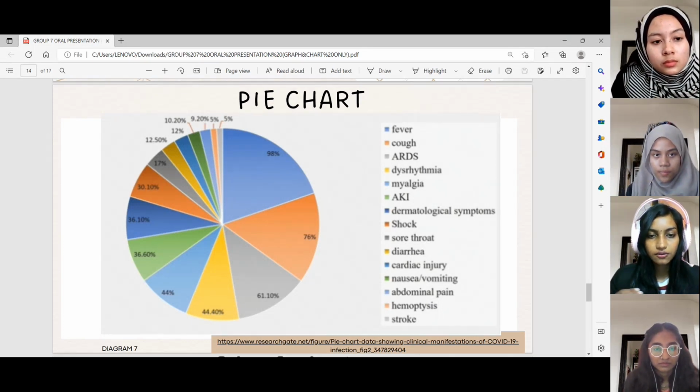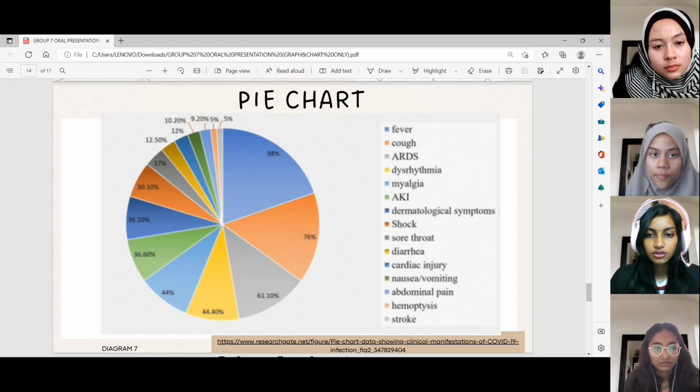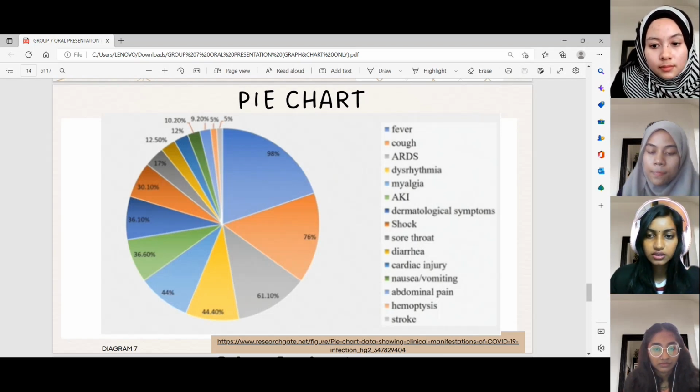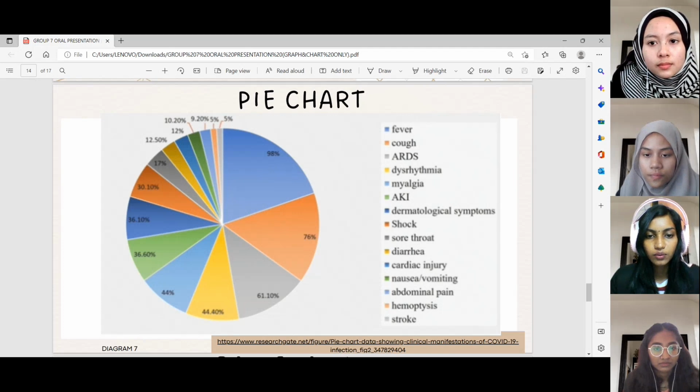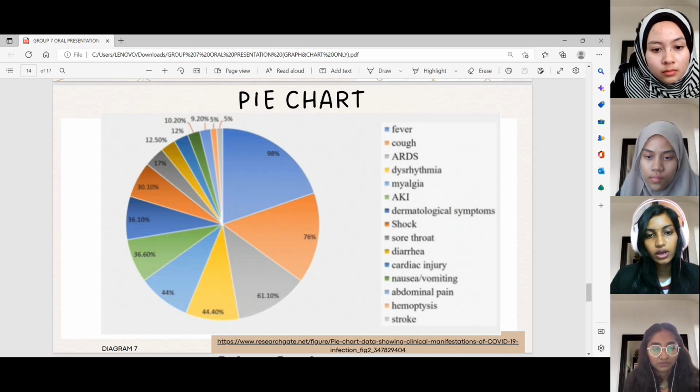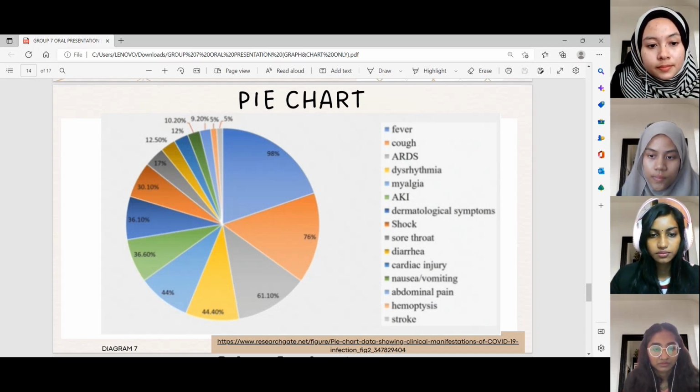As you can see from the chart, a large majority of people faced fever when they were affected by COVID-19, whereas hemoptysis and stroke are the least common symptoms faced by people affected by COVID-19.